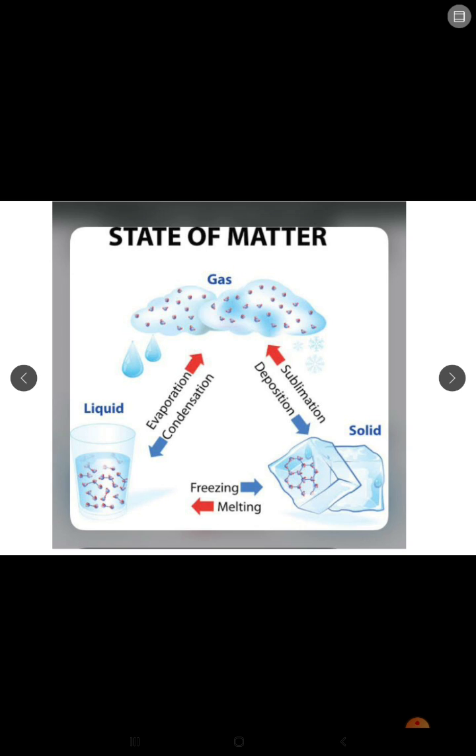Then when gas cools, by the process of condensation, it again changes into liquid, and when liquid freezes, it changes into solid, that is ice. So water freezes to form ice at 0 degree Celsius, and water boils at 100 degree Celsius.